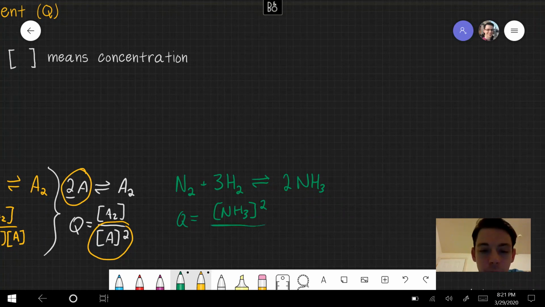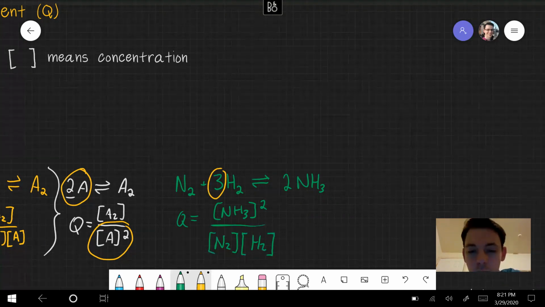Okay, the denominator, we have two reactants, N2 and H2. Just double check, do I have any coefficients? Yes, I do. So I'm going to need to cube the H2, okay?